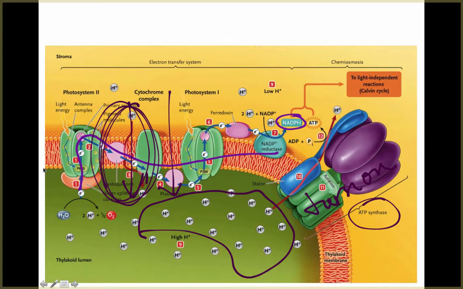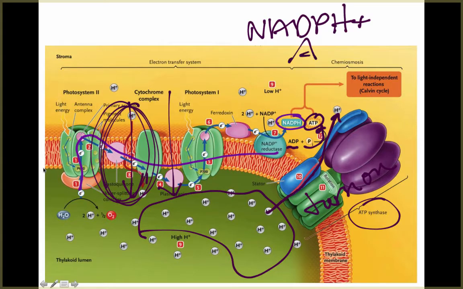And so essentially these guys are going to go down here much like the water will, and then what's going to happen is we're going to take ADP to make ATP. So essentially we make NADPH and ATP here to go to the next reaction, which is the light independent reaction or the Calvin cycle.